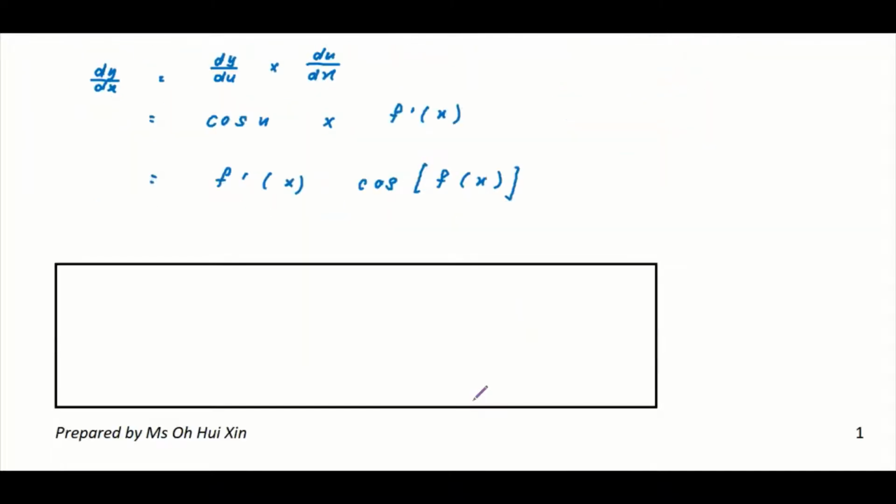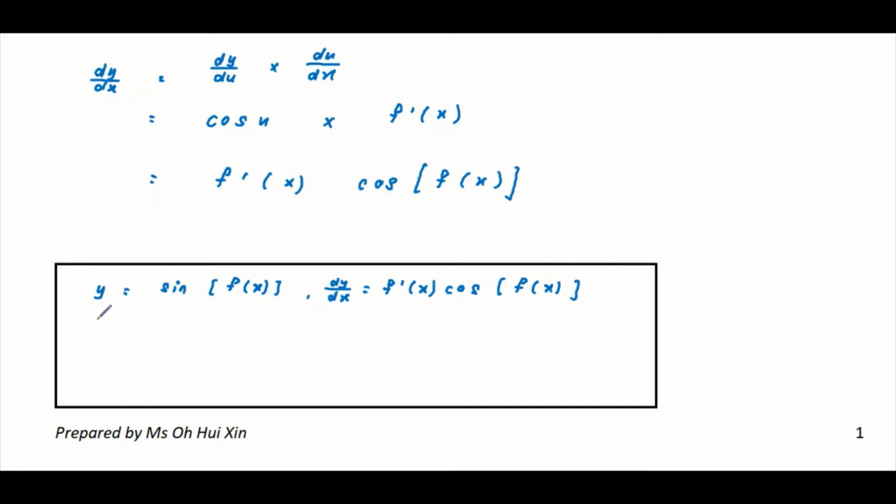The same thing applies to cos and tangent as well, so we can write it down here. If y is equal to sine f(x), then dy/dx equals f prime x cos f(x).